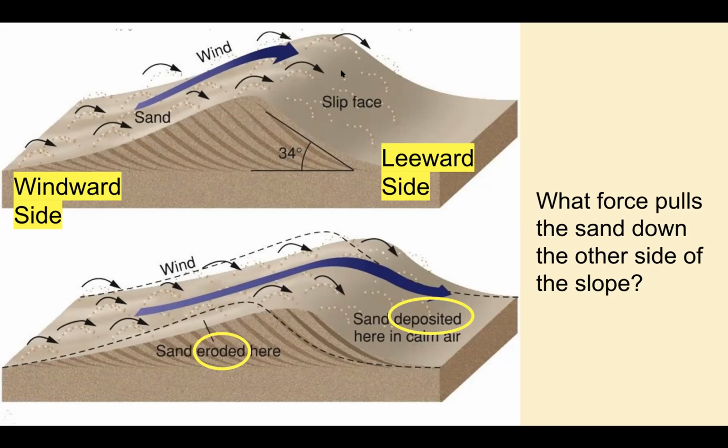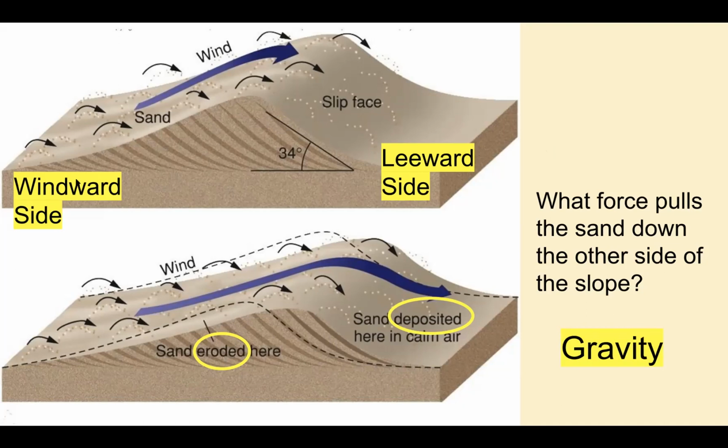So as they're tumbling, what force is pulling the sand down the other side of the slope? So hopefully you guys get this one right. The force that pulls things back down to Earth is gravity. So gravity is also very important in our sand dune formation, and they are falling down the side called the leeward side.